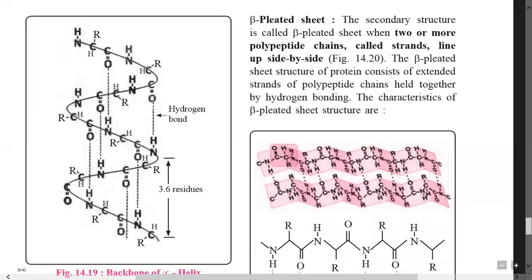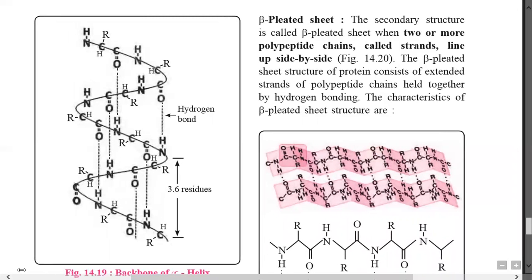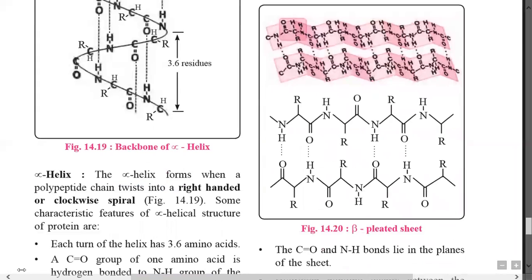It is one polypeptide chain, and this is the other polypeptide chain. If they are bonded with hydrogen bonds, then this type of structure is called a beta pleated sheet. Here the two or more polypeptide chains are called strands. They line up side by side. This is shown in figure 14.20.